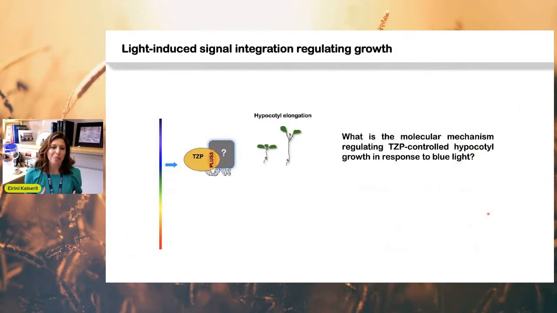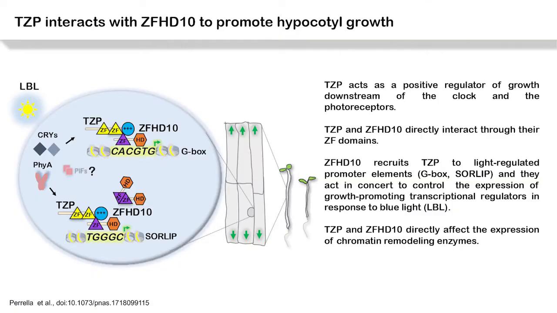So we knew that this protein regulates hypocotyl elongation. We knew that it wasn't a canonical transcription factor, but we wanted to know how it controls gene expression. So one of the things we did was to try to identify interacting partners. From that screen, we identified a transcription factor named zinc finger homeodomain 10, and we showed that these 2 proteins interact directly.